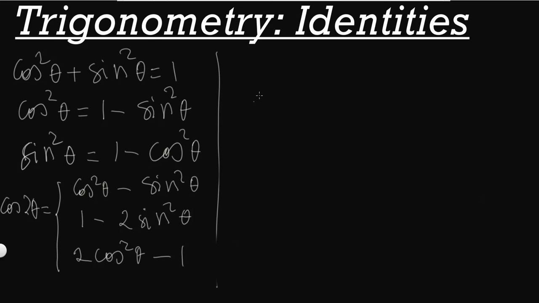All right. Now, when it comes to sin 2 theta, this will be simply 2 sin theta multiplied by cos theta. All right.